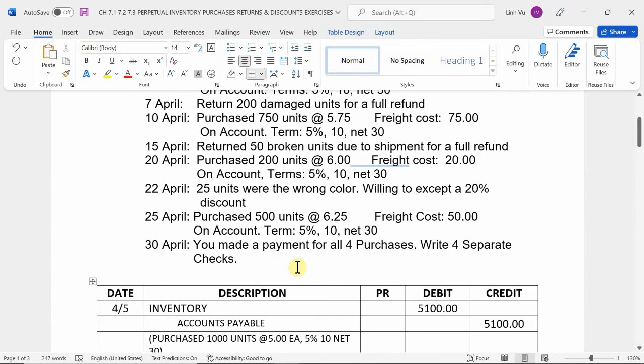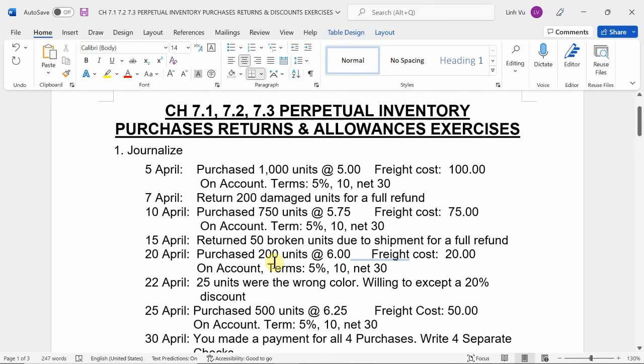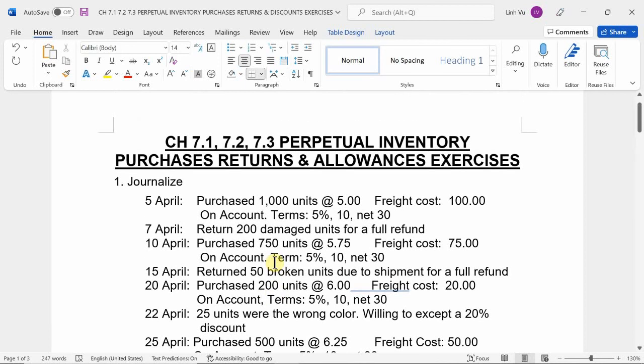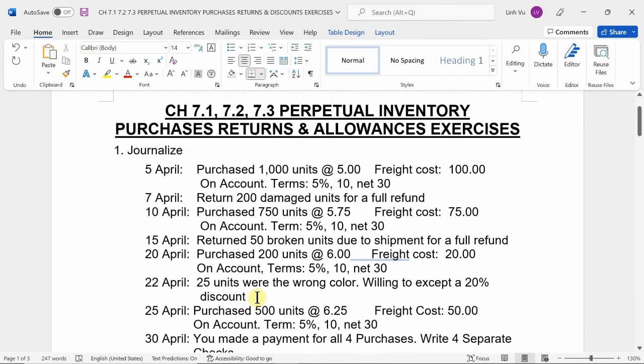Okay. So then let's see what is next. On April 30th, you made a payment for all 4 purchases. Write 4 separate checks. Okay? So let's go ahead and go through each and every single one and pay them off one at a time. So starting with the first one, we made a purchase on April 5th. And we're taking April 30th to make a payment.